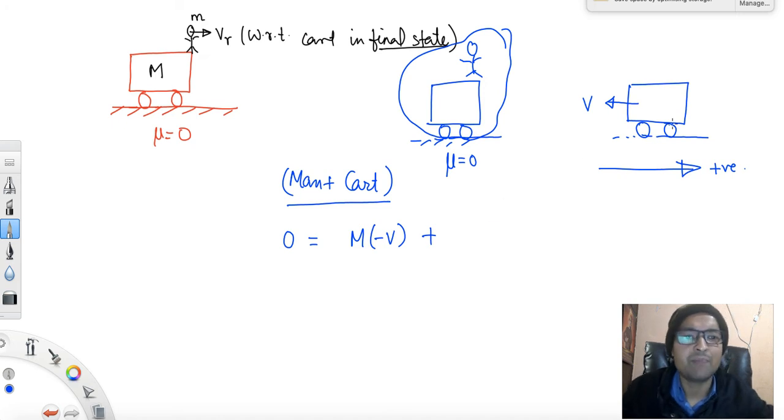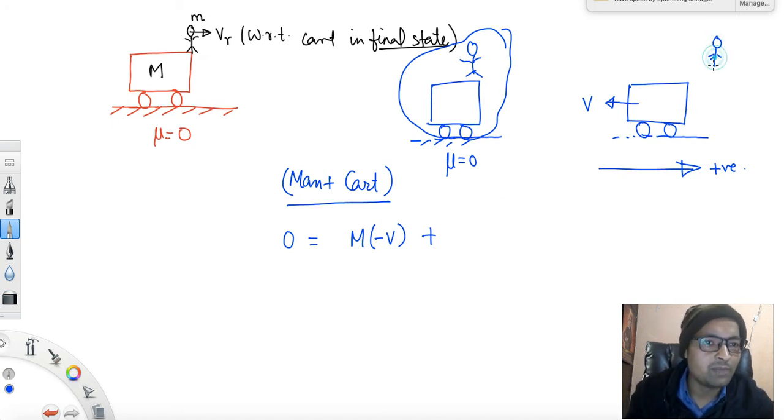And what is the momentum of the man? First of all, what is the velocity of the man with respect to the ground? So the velocity of the man with respect to the ground will be Vr minus V, because Vr is the velocity of the man with respect to this moving cart.